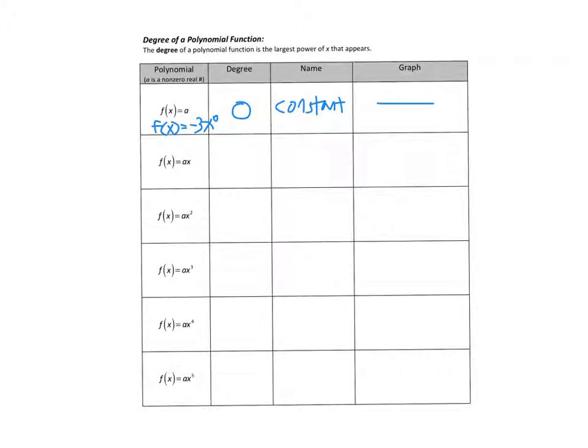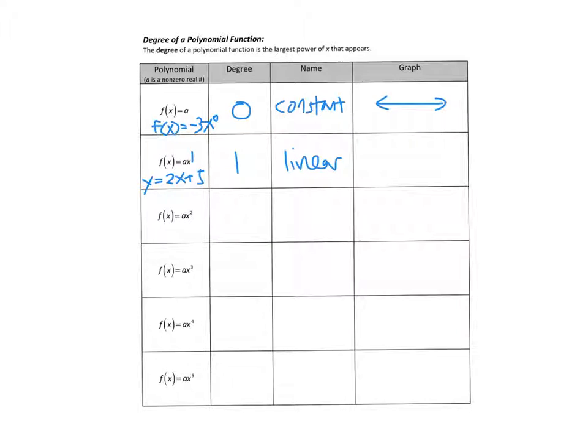And the graph is a horizontal line. Our next one is our linear function. A is the coefficient, and this is x to the first power. So the degree would be 1. An example of a linear function would be like y equals 2x plus 5.